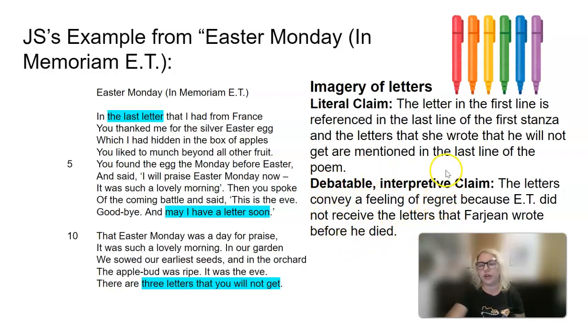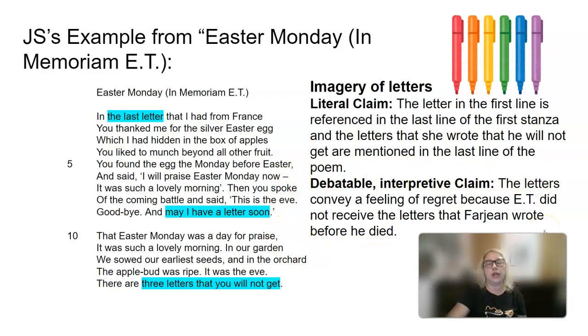And, if we were to get to interpretation according to the IB rubric, we would say something else about the larger meaning here, that there is a larger regret that Farjeon is expressing in the correspondence with her friend E.T. But at any rate, this is something we would have to prove.